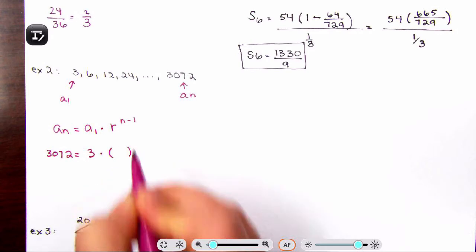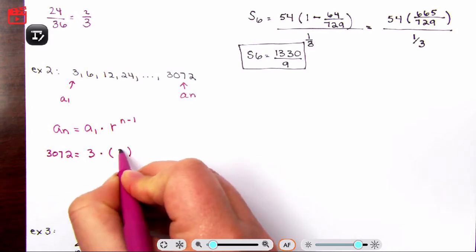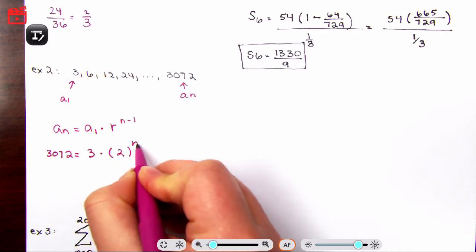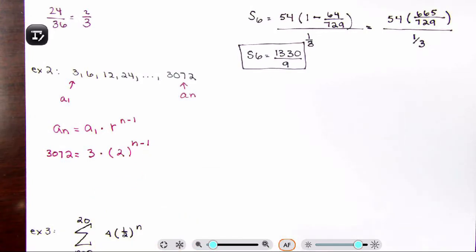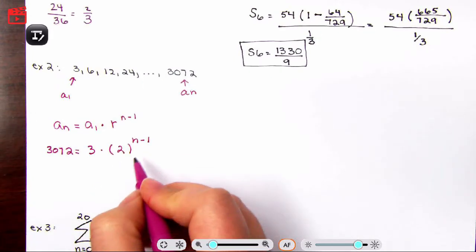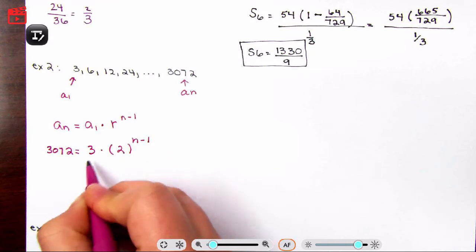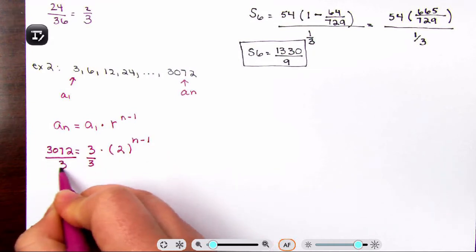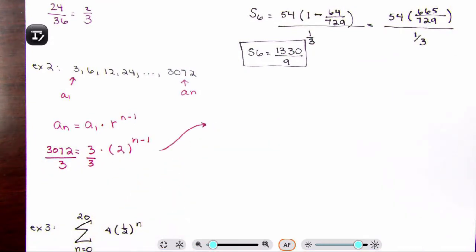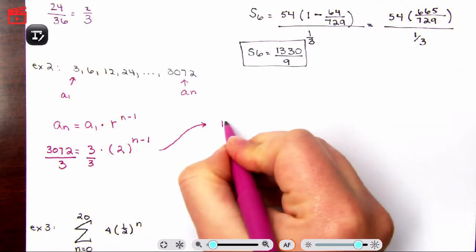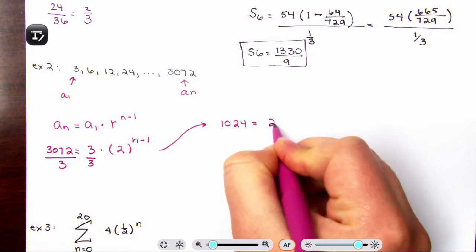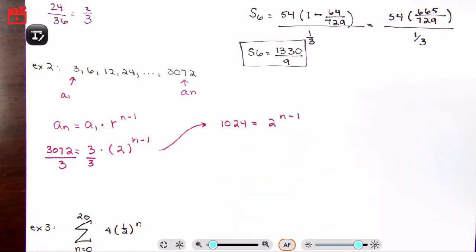I'm multiplying by, what am I multiplying by? 2 each time. And I don't know what n is, but I do know that I'm going to be subtracting 1. And here, I don't know what this is, so I'm going to divide by 3 first. So 3,072 divided by 3, that is 1,024, is equal to 2 to the n minus 1 power.